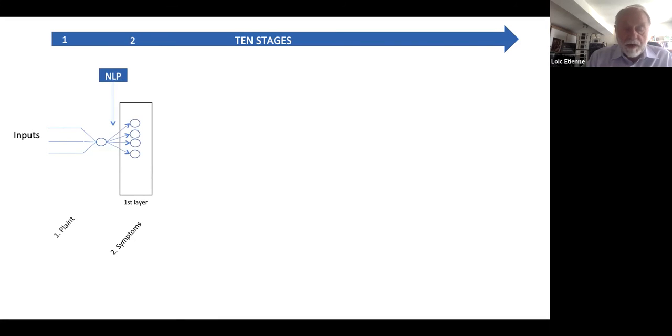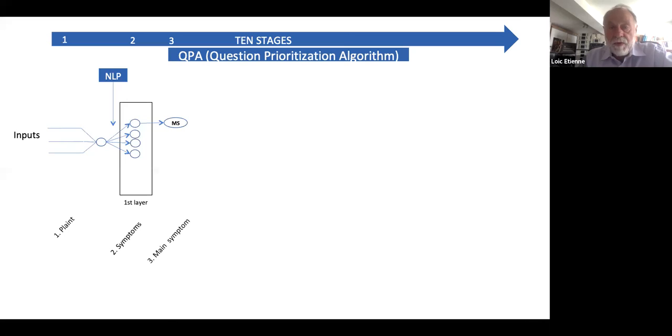It is understood by NLP, natural language processing, which is using a glossary of MedVir that collects symptoms in the first layer. Here is the choice of the main symptom, and from this point, the start of the question prioritization algorithm.